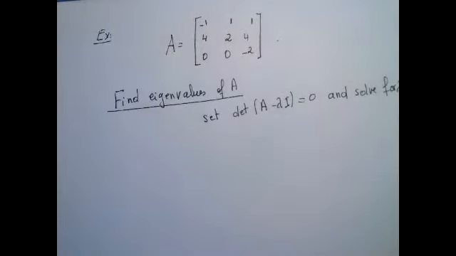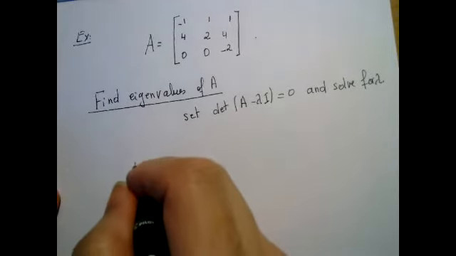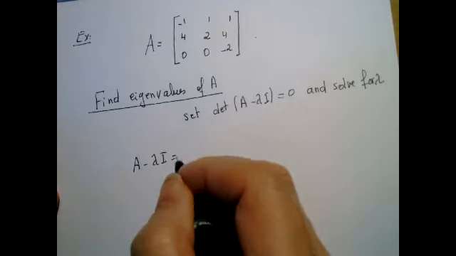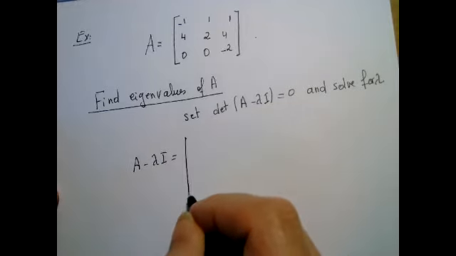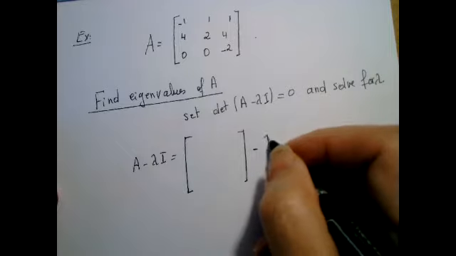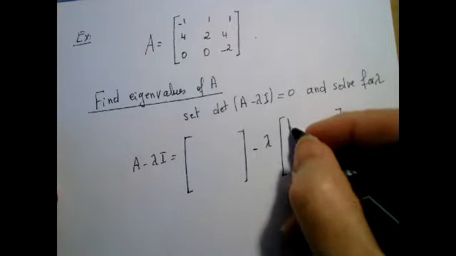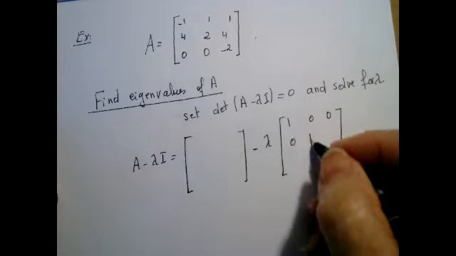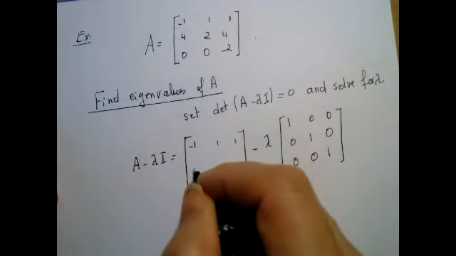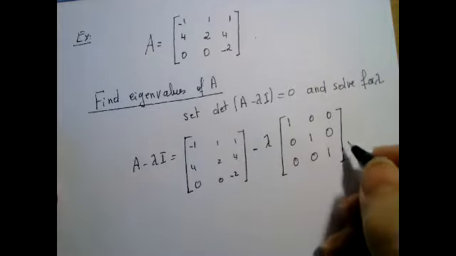Okay, so let's do that. Let's compute the determinant of A minus lambda I. First, I need to compute A minus lambda I. What's A minus lambda I equal to? So it's A, and we're taking away from it lambda times the identity, which is 1, 0, 0, 0, 1, 0, 0, 0, 1. A is -1, 1, 1, 4, 2, 4, 0, 0, -2.